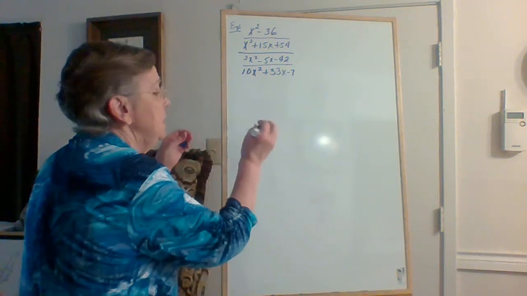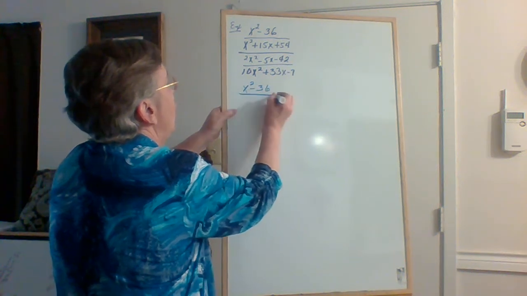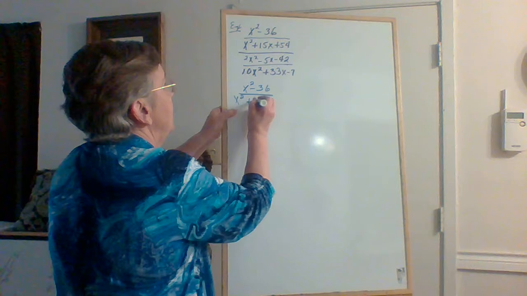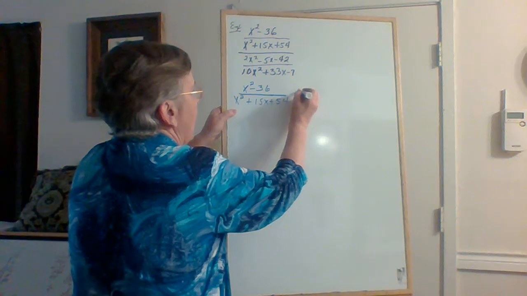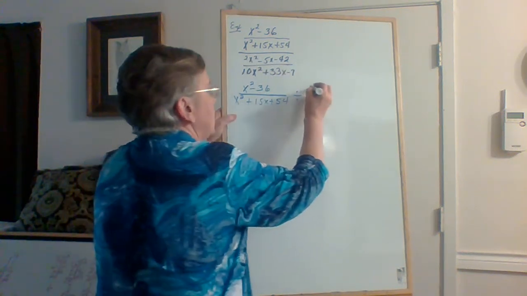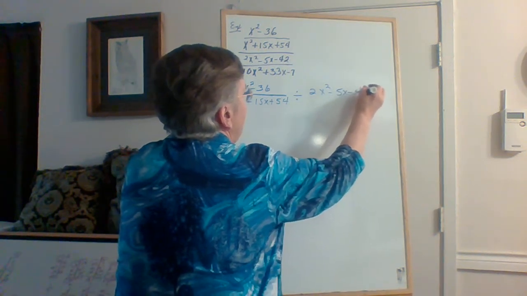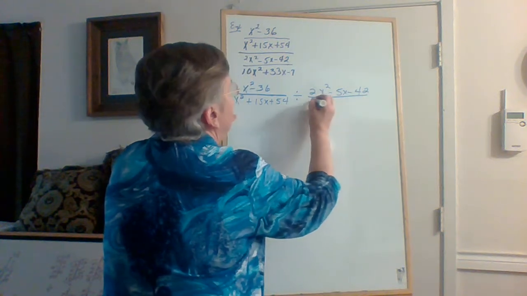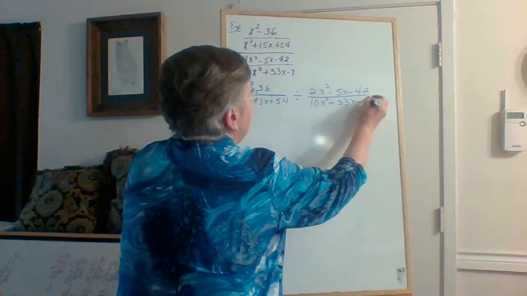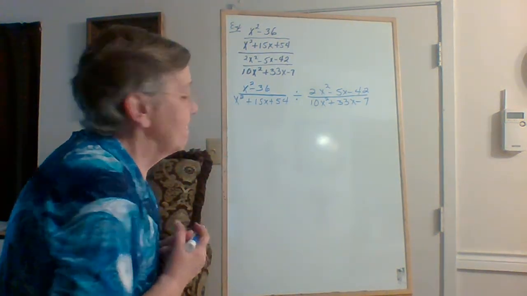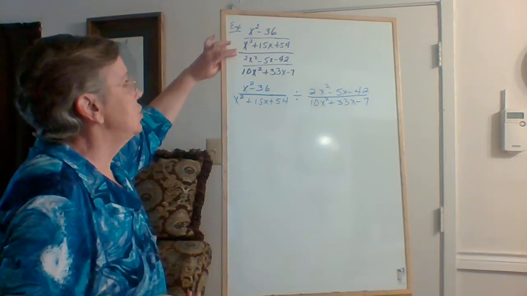So it's going to be x squared minus 36 over x squared plus 15x plus 54 divided by 2x squared minus 5x minus 42 over 10x squared plus 33x minus 7. See, I first had to write that into a division problem. There's my division line right there.